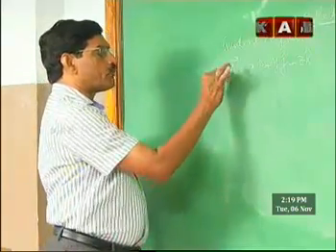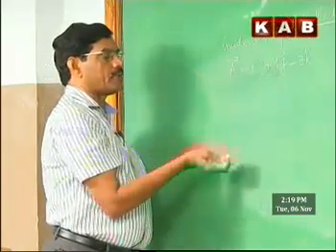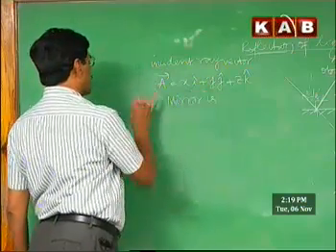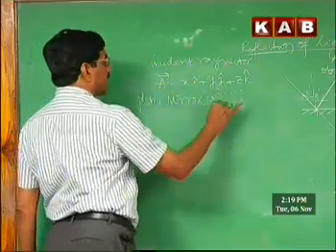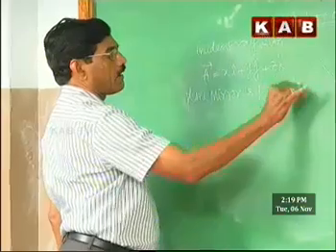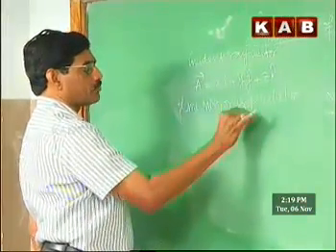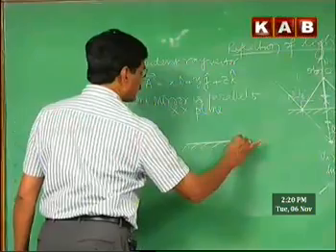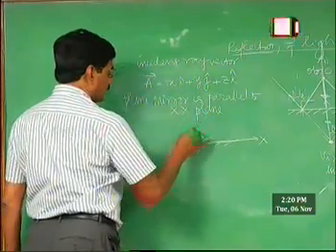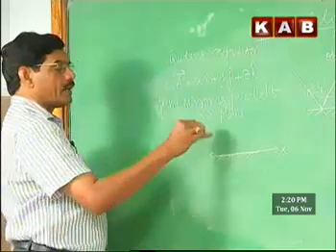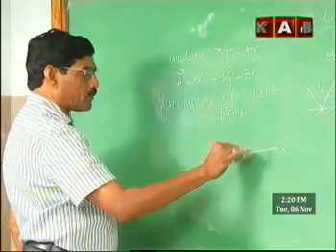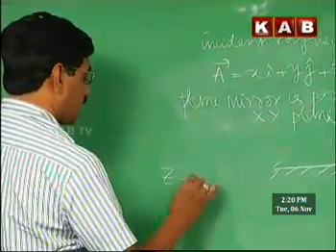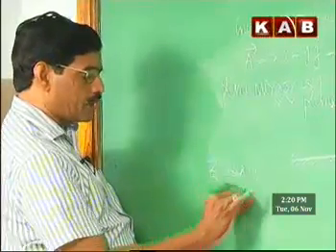The corresponding reflected ray will be decided by the plane mirror. Let us assume the plane mirror is parallel to the xy plane. So this is the mirror in the xy plane, this is the x-axis and y-axis, and the ray is incident here. The normal to the mirror will be the z-axis.